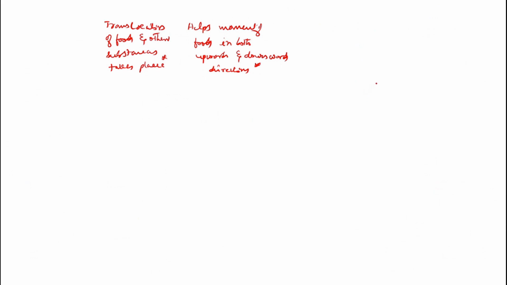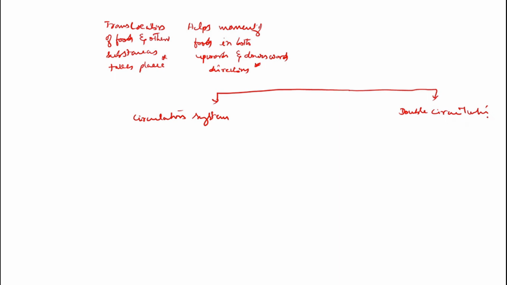The human transportation system is divided into one, circulatory system, and next one, double circulatory system, for transportation in human beings. Okay.